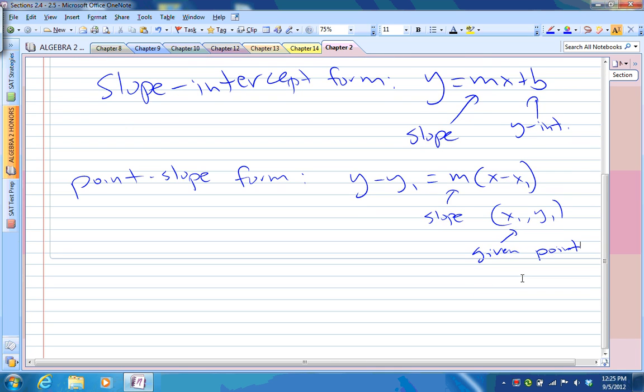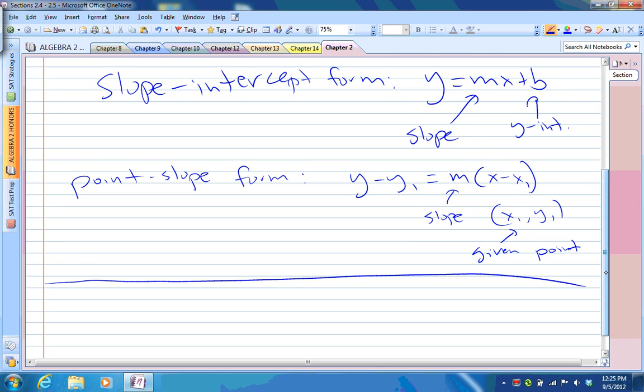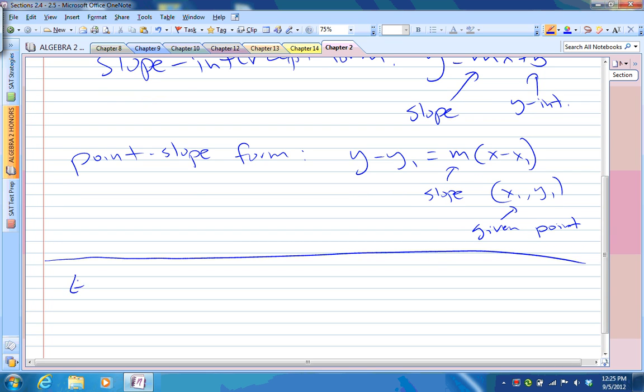So now we'll do some examples. In each example, the instructions will be the same.